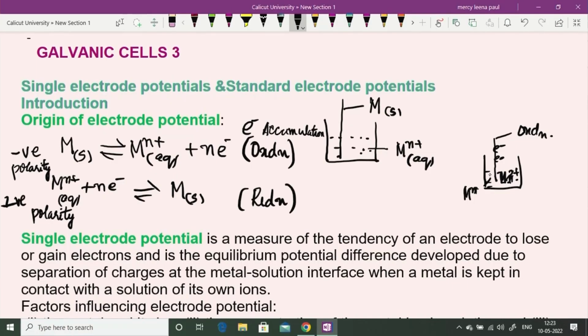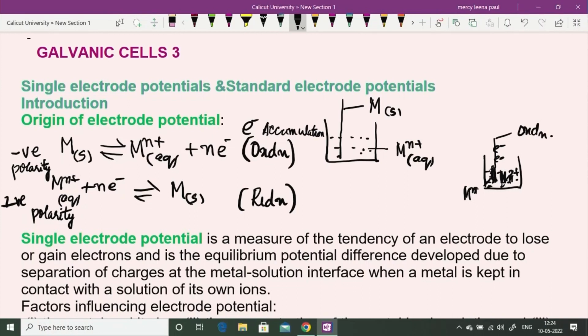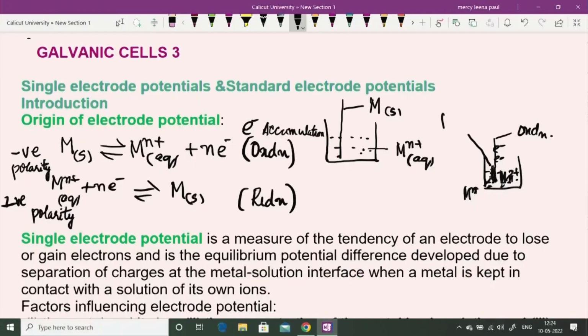Naturally, there will be an attraction, and there will be a crowding of positive ions over here and an interface will be developed between the metal electrode and the solution. So, you can say there is an electrical double layer, because the metal part is negatively charged and positive ions are crowding near it. The electrical double layer developed will produce a potential.